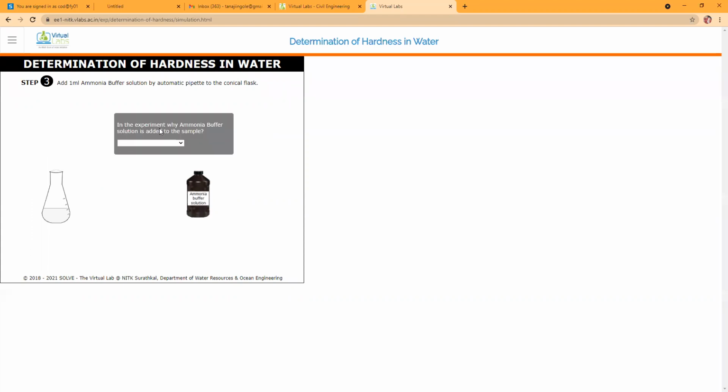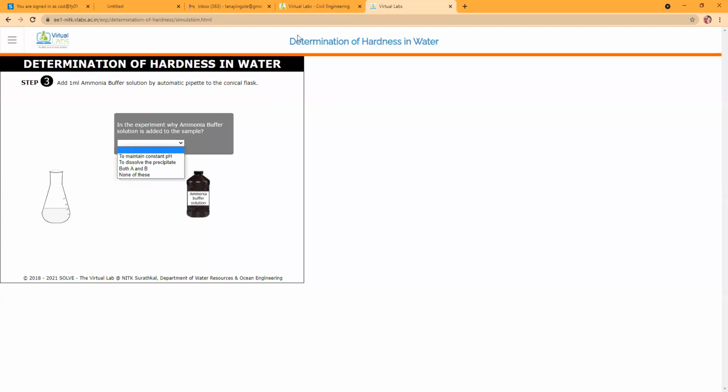In the experiment, why is ammonia buffer solution added to the sample? Who can tell the answer? To maintain the constant pH, to dissolve the precipitate, both A and B, none of these. Answer fast. In the experiment, why is ammonia buffer solution added to the solution?